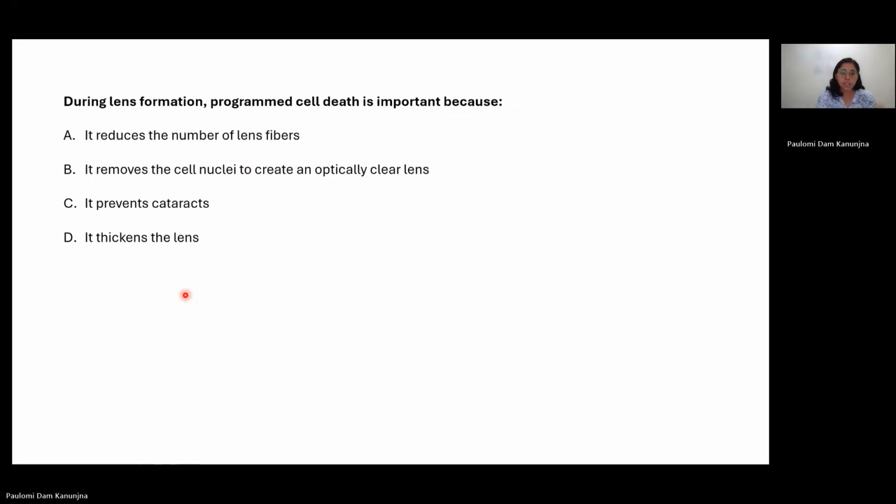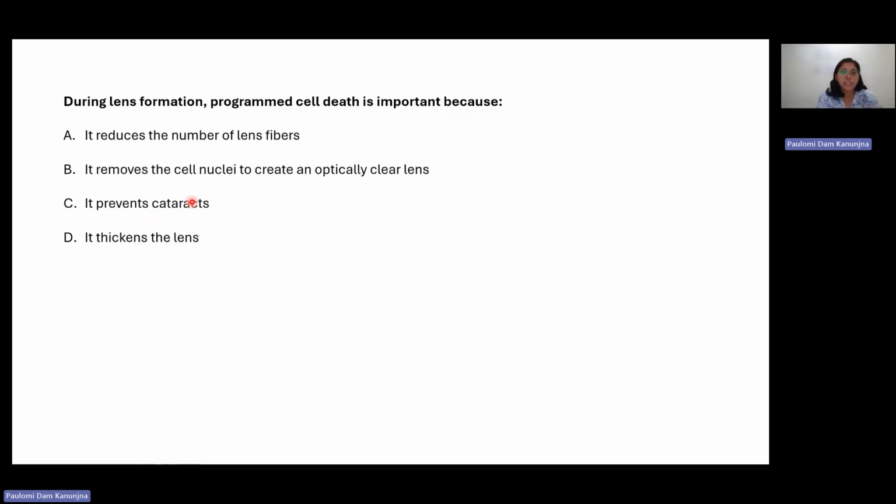Okay. Moving on. Now, the next question is: during lens formation, like I was just saying, programmed cell death is important. I haven't discussed this because I told you it will come in a question. So first, let me wait for you to read the question. The question says, during lens formation, programmed cell death, which is basically apoptosis, takes place.